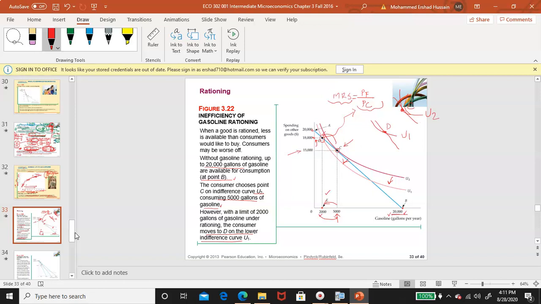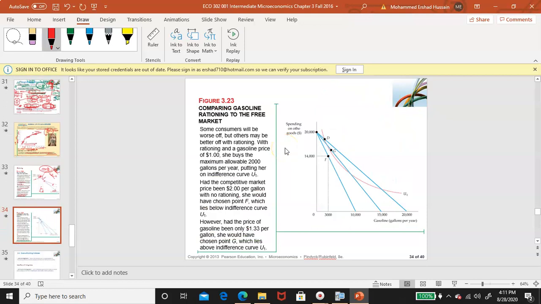At point D we have this intercept on a lower indifference curve. So again, this equality becomes important. If they are not equal, then this is not going to maximize utility.